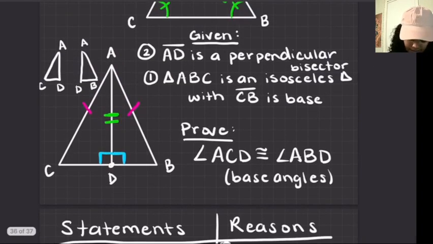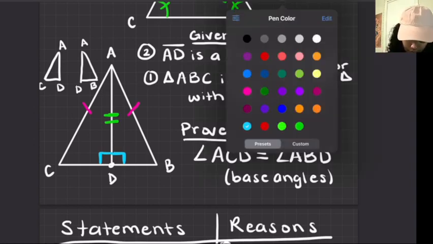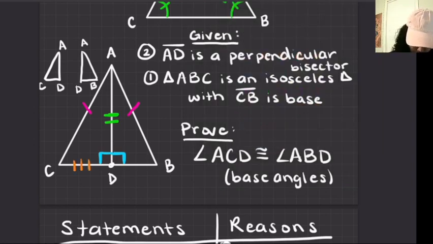So since AD is a perpendicular bisector, we already took care of the perpendicular part when we said that there's a right angle here. The second part is the bisector part, which means that it's going to cut this segment into two equal pieces. Okay, so this line AD is going to cut CB into two equal parts.